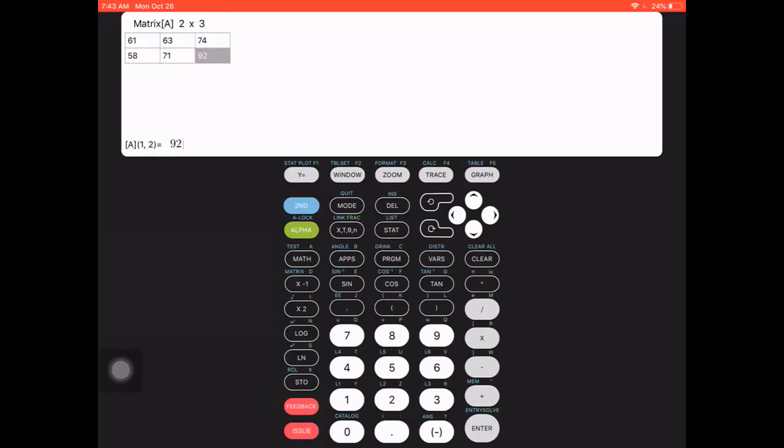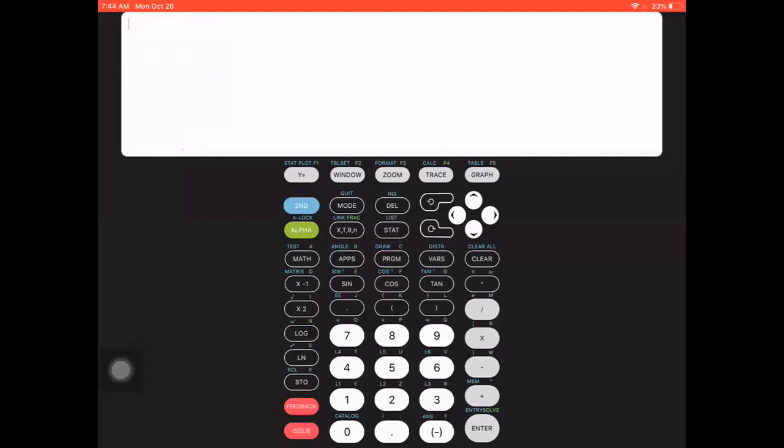And once you're done, don't click clear. Wait there. I'll explain what to do next. If you click clear, that will clear what you just wrote in for that last element. So to get out of this, you want to click second quit to get back to your home screen. So now that matrix you just put in is calculated for matrix A.